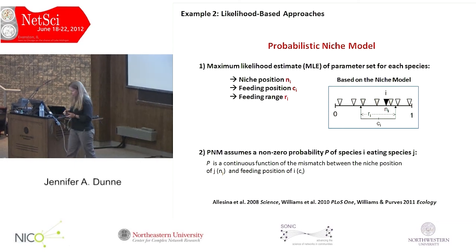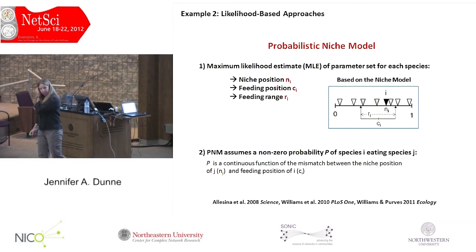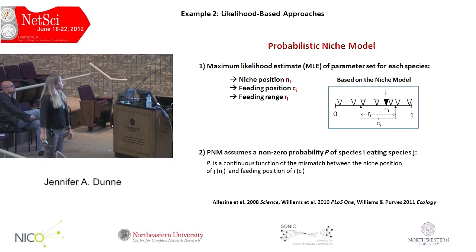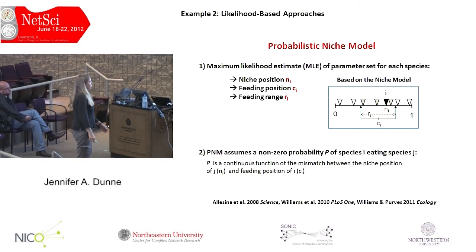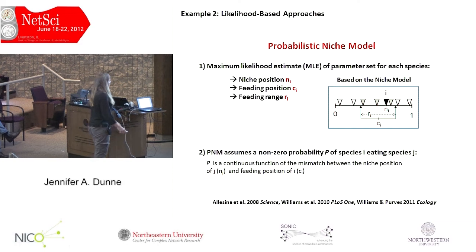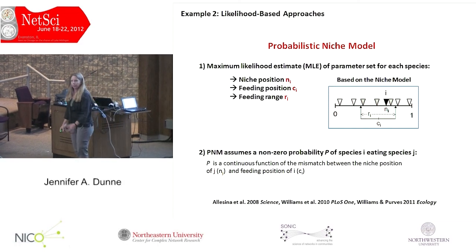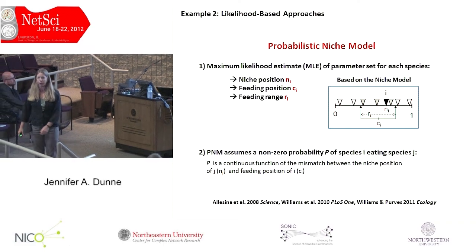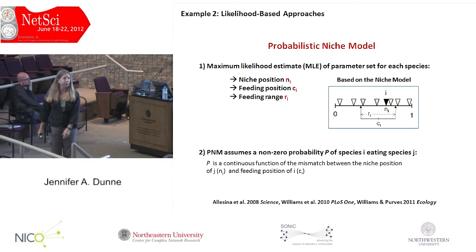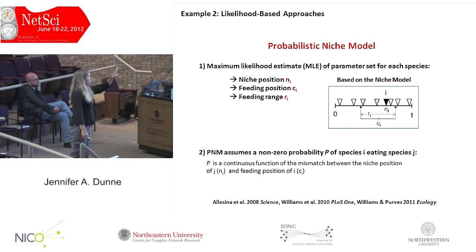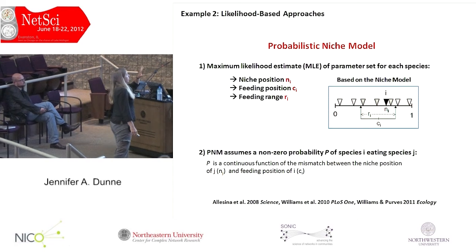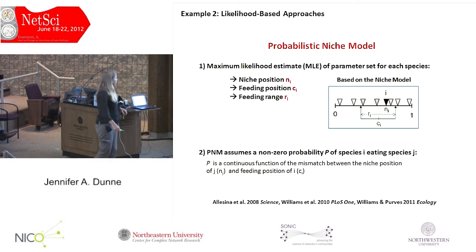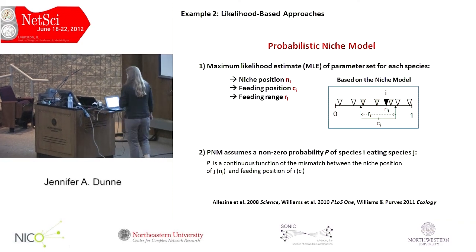My second example, also developed by Rich Williams, is a likelihood-based approach. It's a probabilistic version of the niche model. Stefano Allesina was the first to use this type of approach for modeling food webs in his Science paper in 2008, and Rich did an explicit version of the niche model using this approach.